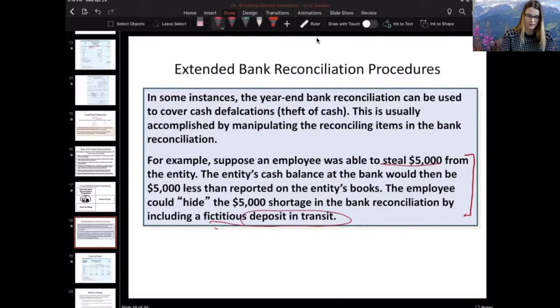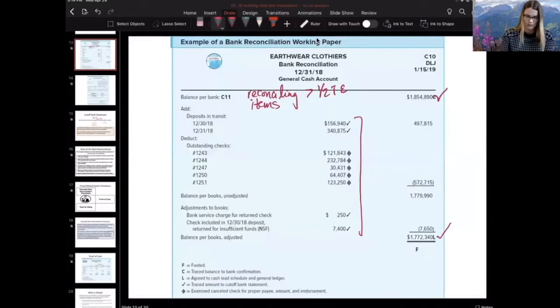Because let's say I stole the $5,000 in cash. Then the $5,000 is still on the books, but I stole the actual physical cash. So the bank balance is going to be 5,000 low. Books is going to be 5,000 higher than the bank. So how do I make up this difference? I can add in an extra deposit in transit of $5,000.